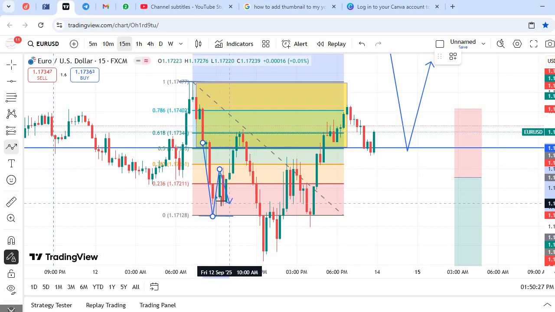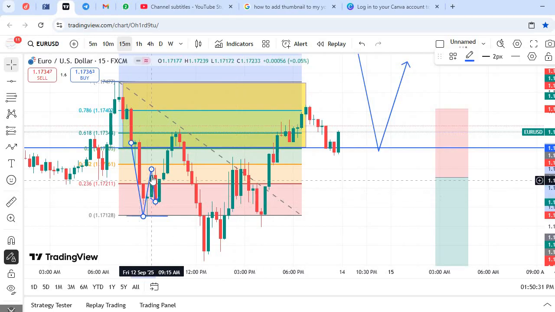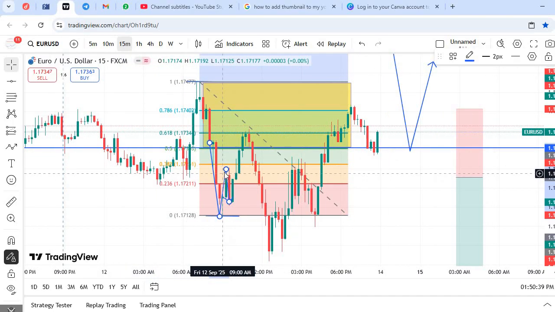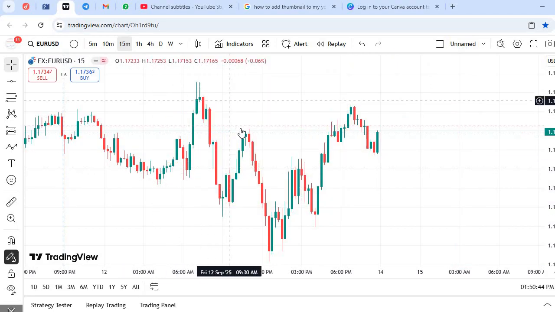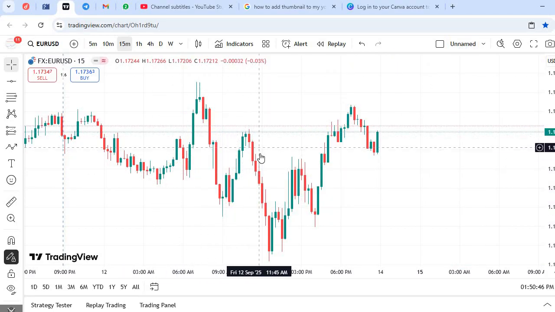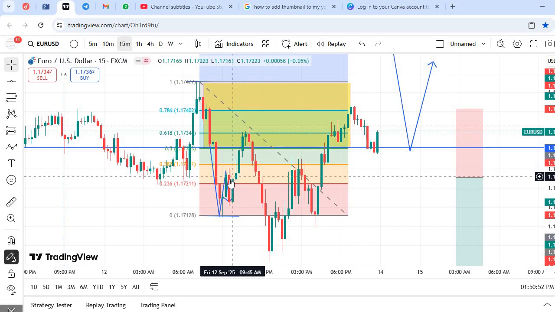Imagine somebody has decided to sell from here because of this red candle. The price then started going up again. It would have taken you out. So don't sell from your premium. Always sell from your discount, and your discount must be 0.5 and above in a downtrend.